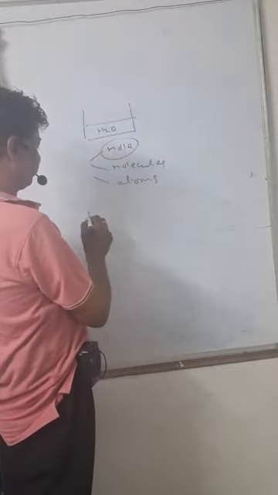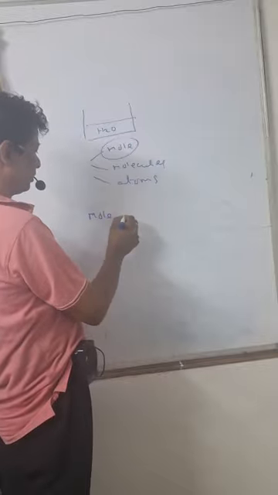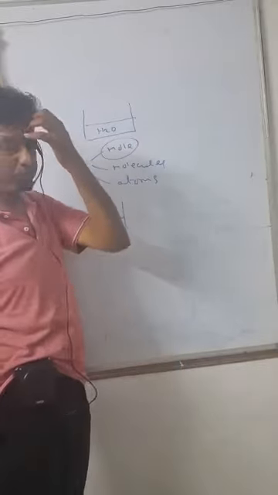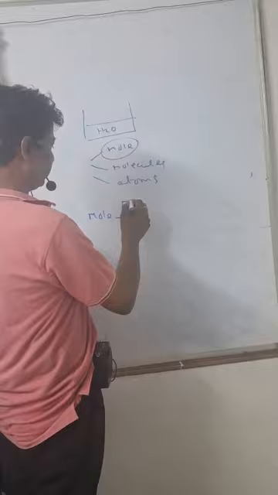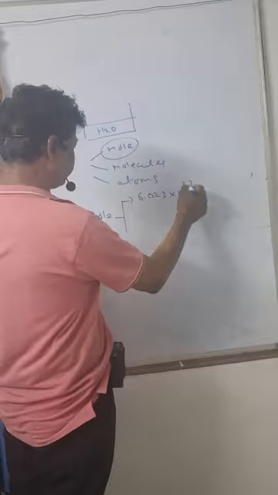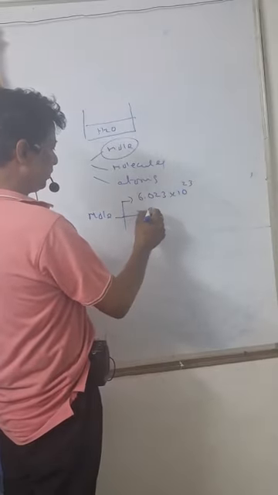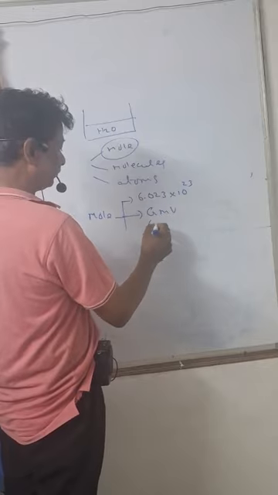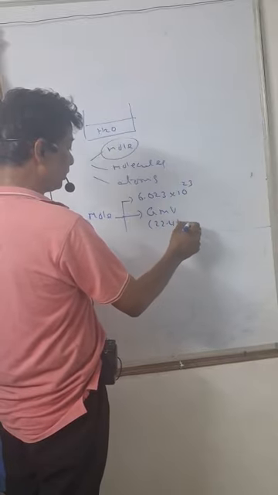Mole means, in SI system, amount of substance is expressed in moles. It is equal to Avogadro number of chemical units. It is equal to gram molar volume. It is 22.4 liters at STP.